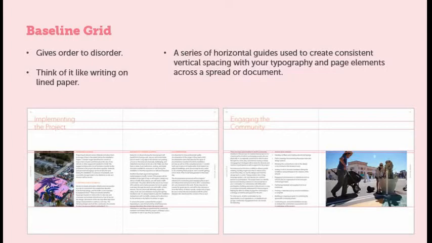The top of those orange headlines and the top of the images are hitting at the same place, and the bottom of that first column of text, the image is set to the same height as that column, which is also the same bottom line that all the text blocks except for one are hitting at. So you can see how everything is really falling in the same horizontal strip. That is working with a baseline grid.